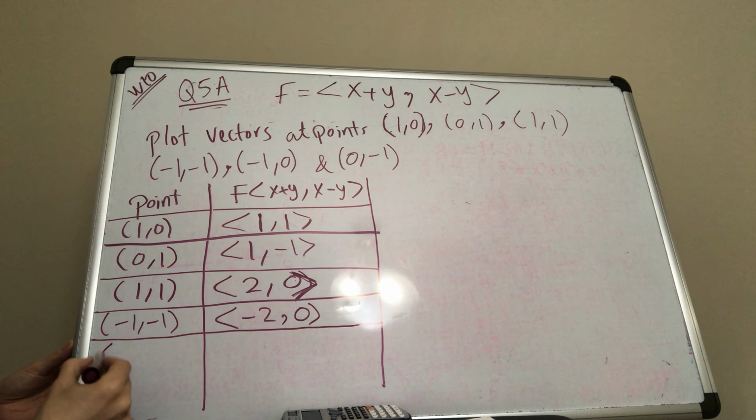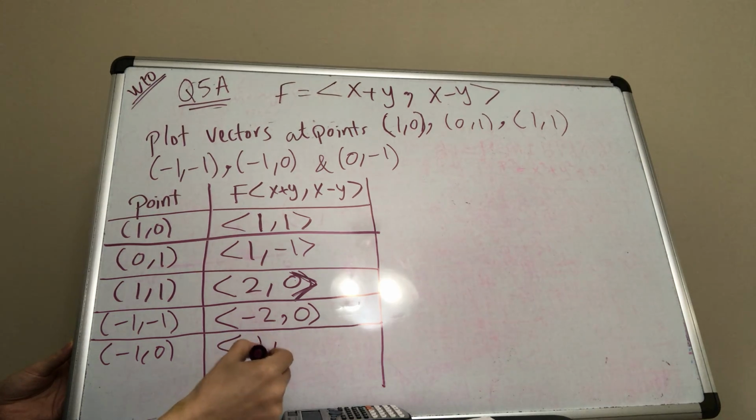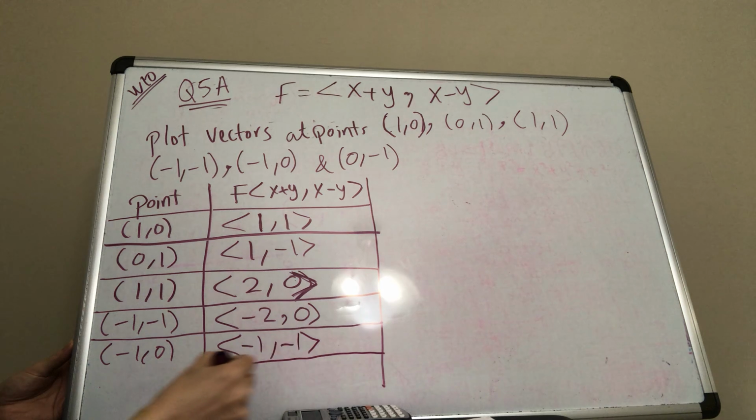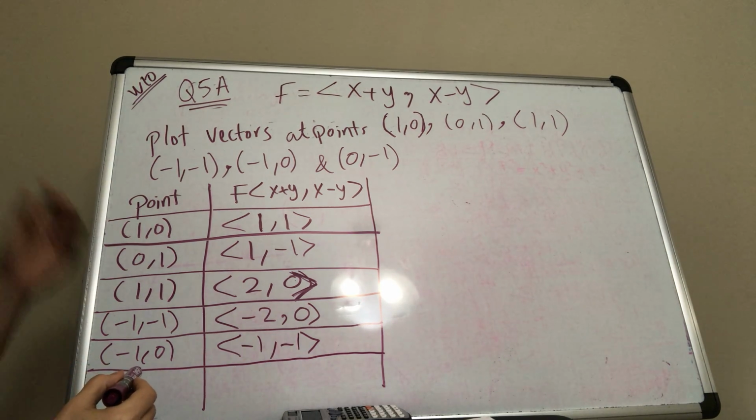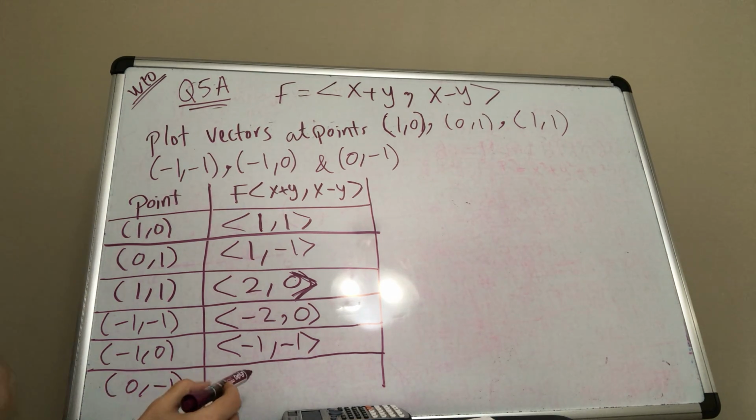Point negative 1, 0: you add them, and you go x minus y. And for the last point, 0, negative 1, you add them, and x minus y would be 0 minus negative 1.